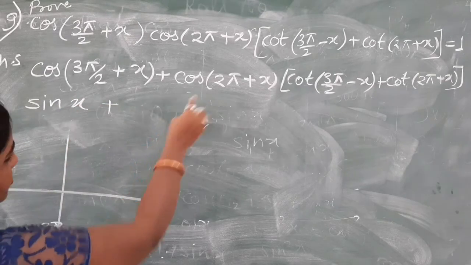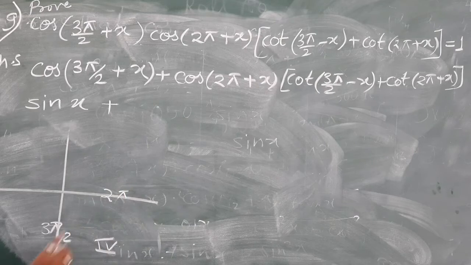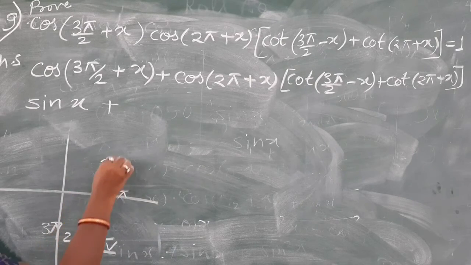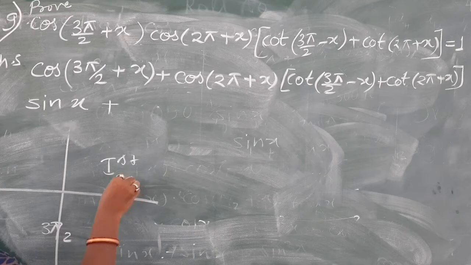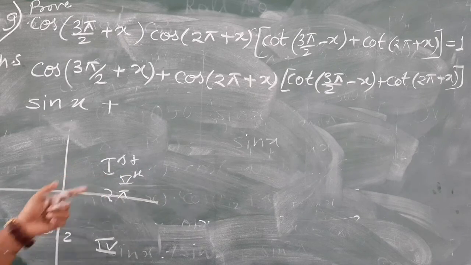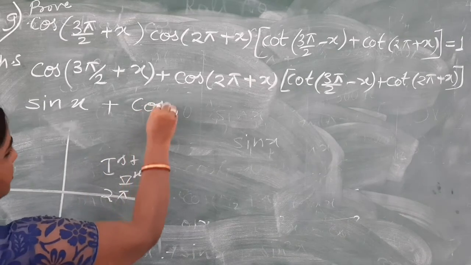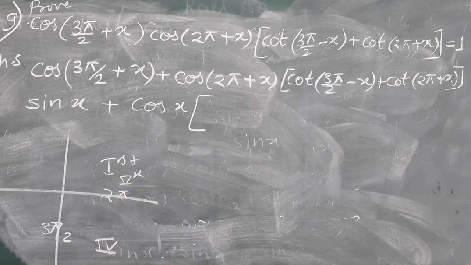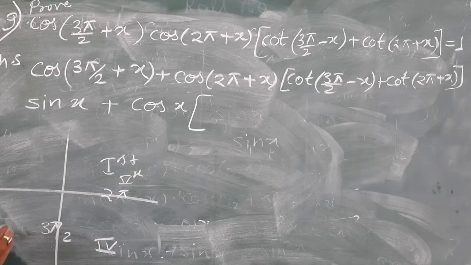Plus cos(2 pi plus x): 2 pi plus x means first quadrant or fifth quadrant. In the fifth quadrant all are positive, so it is cos x. Now cot(3 pi by 2 minus x): 3 pi by 2 minus x means third quadrant.